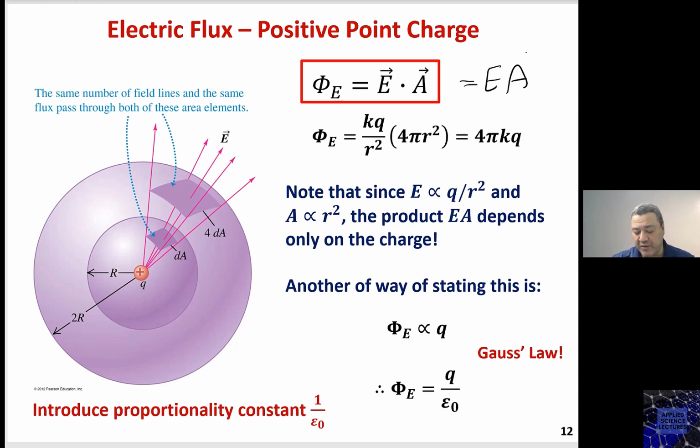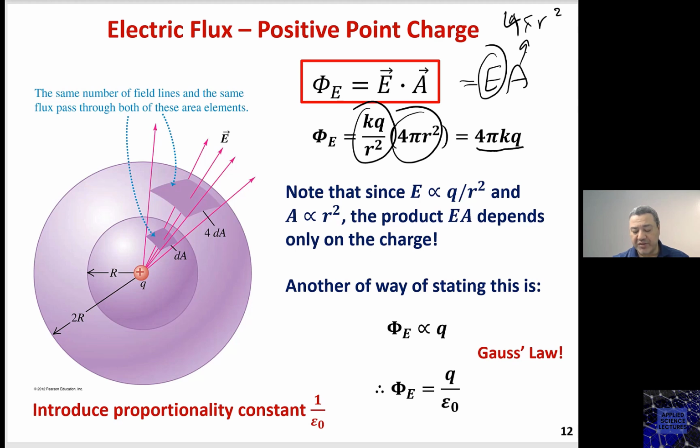We know that A for this sphere is 4 pi r squared, and E for this point charge is kq over r squared. So it's going to result in the product of those two, which is 4 pi kq.